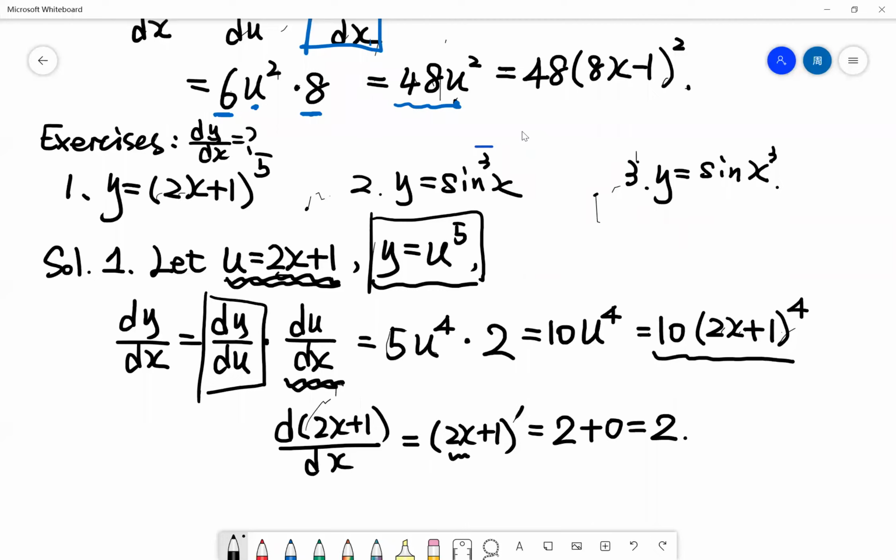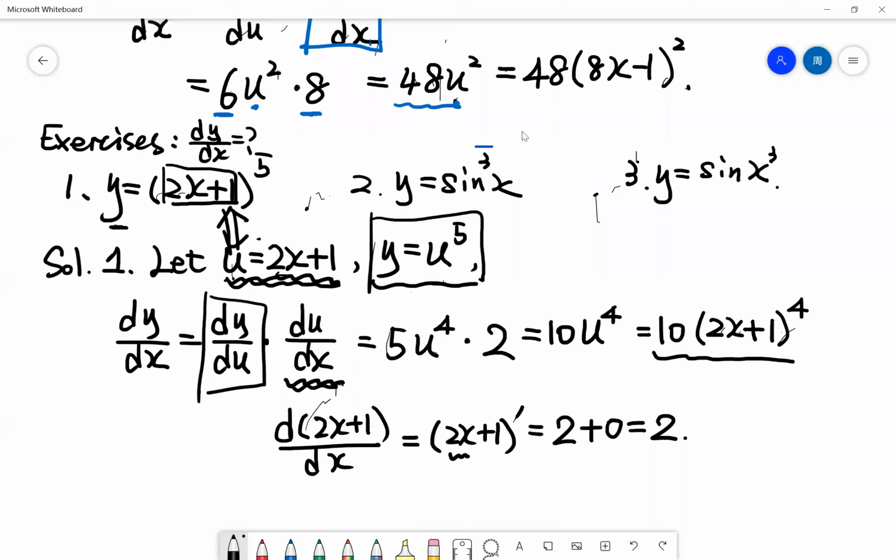Why y equals u to the power 5? Because we let 2x plus 1 equal u, so we replace this part, 2x plus 1, with u. We substitute u into the original function to get y equals u to the power 5. Thank you.